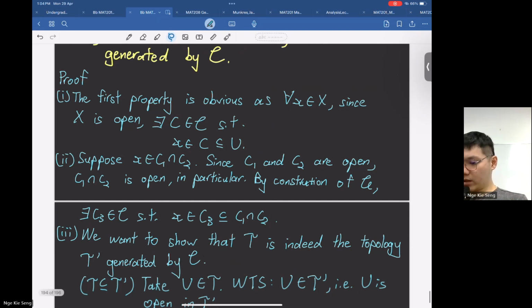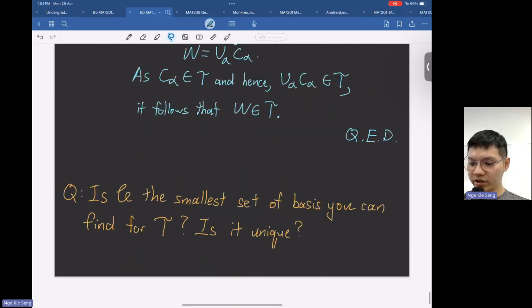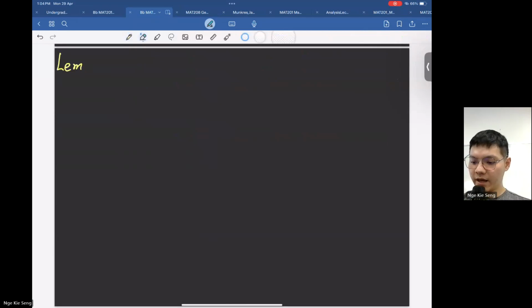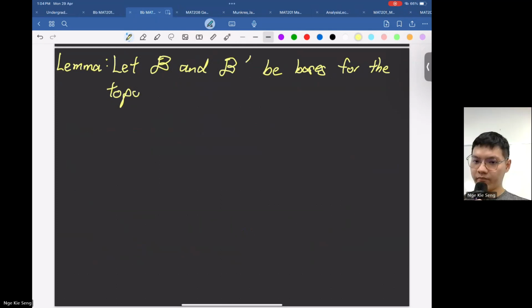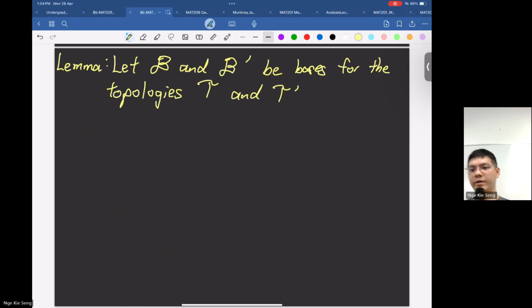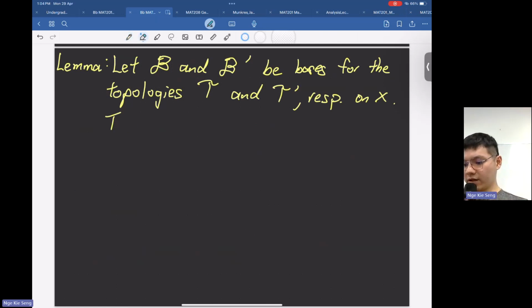Last time we talked about whether a topology is finer than another, and today we will link it with basis elements. Let B and B prime be bases for the topologies T and T prime respectively on X. Then the following are equivalent.